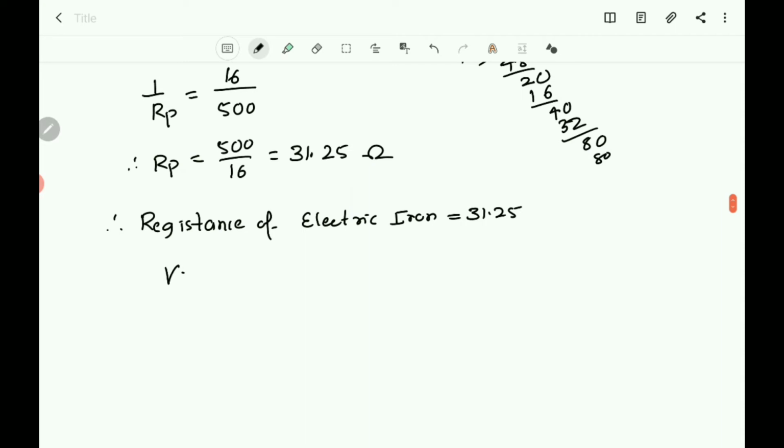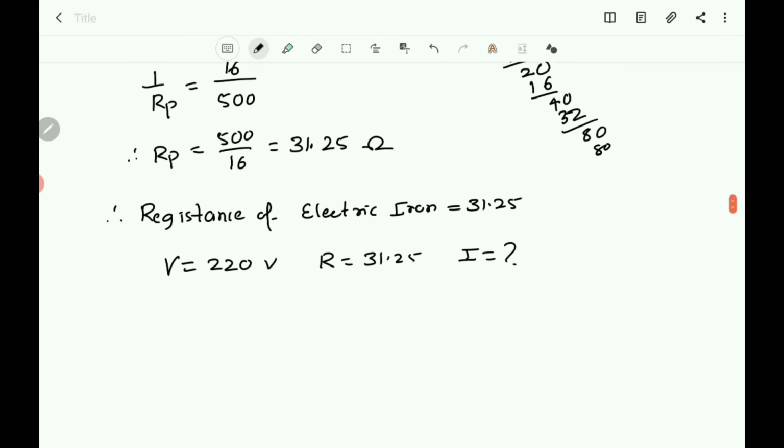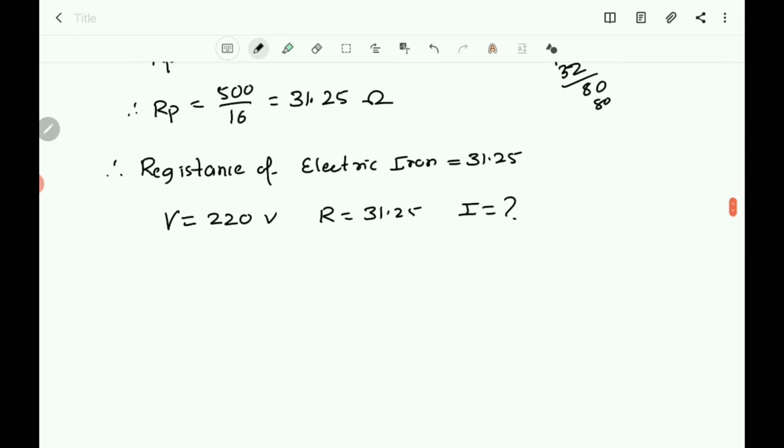Take V is equals to 220 volt and R is 31.25. What we have to find out here is I, the current. You write the relation according to Ohm's law: I is equals to V by R. V is 220 volt and R is 31.25.